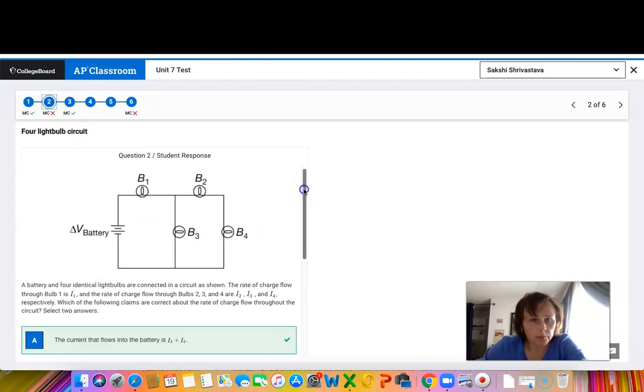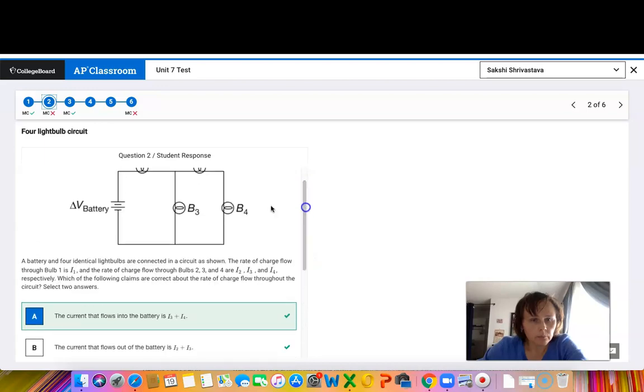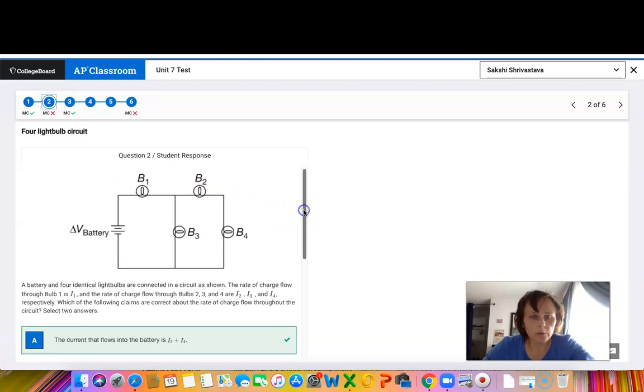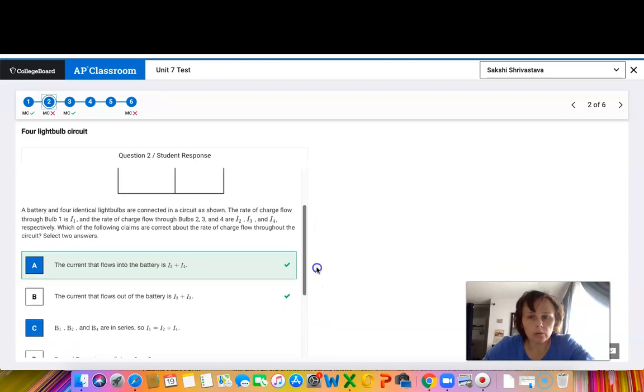Second question. The second problem is asking about the 4 identical light bulbs, and it's asking about the 2 correct answers, and all the questions are about the current.